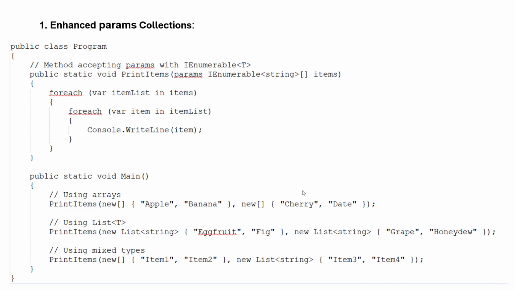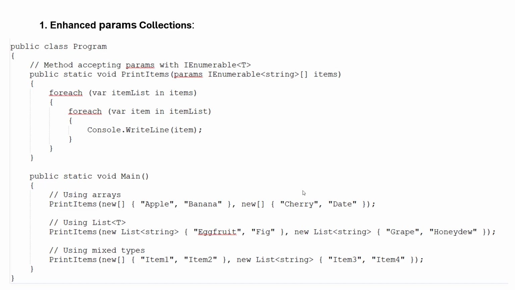Here we have a method, PrintItems, that accepts a params parameter of type IEnumerable of string. This allows passing multiple collections of type IEnumerable of string. Using an array, this method is called with an array of strings.